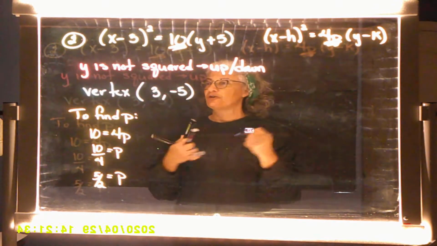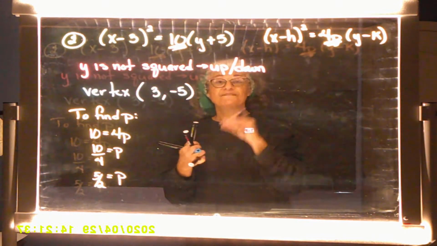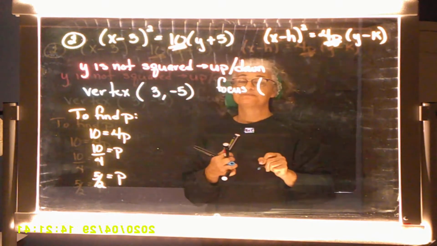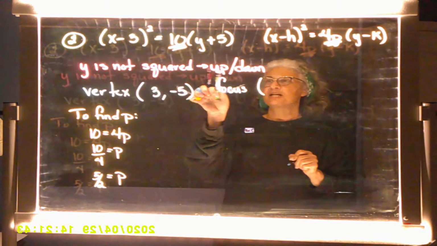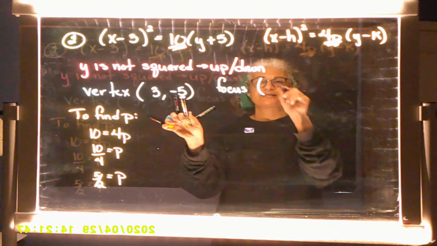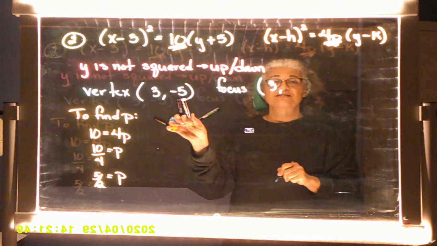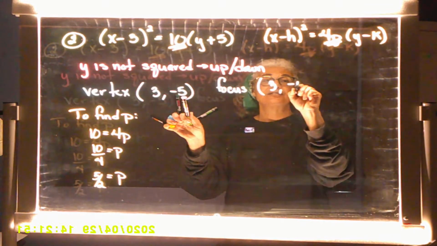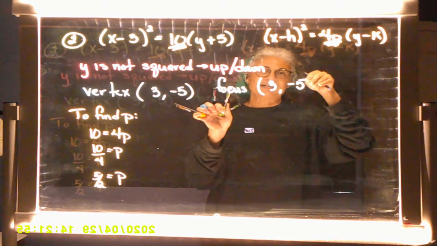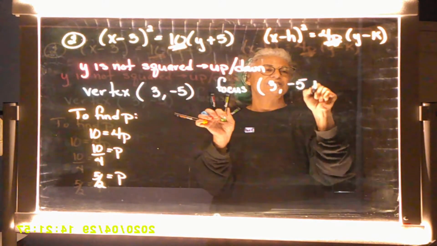Okay. So, vertex found. Focus I need to find next. So, to find the focus, since this is either going up or down, which coordinate's getting affected? Your y is getting affected, which means x will stay the same. And to the y, yeah, the focus is inside, isn't it? So since it's inside, you're going to add.